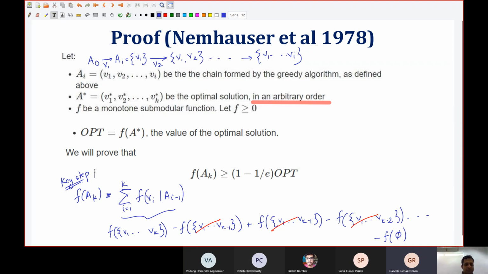But the key step is this telescopic sum, followed by application of monotonicity and submodularity. Okay. These are the key steps. Just call it steps. This is the first step we are shown here, the telescopic sum.